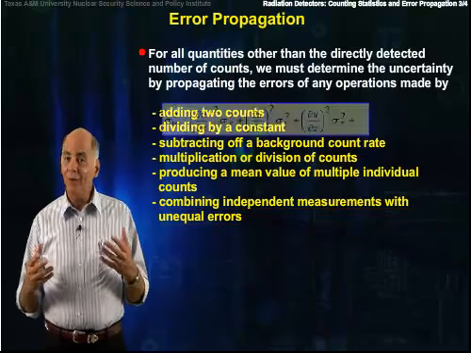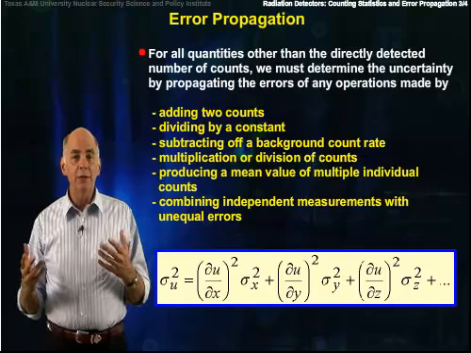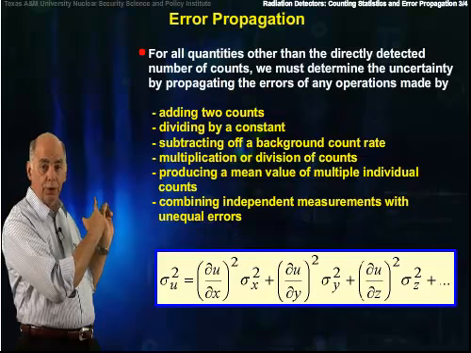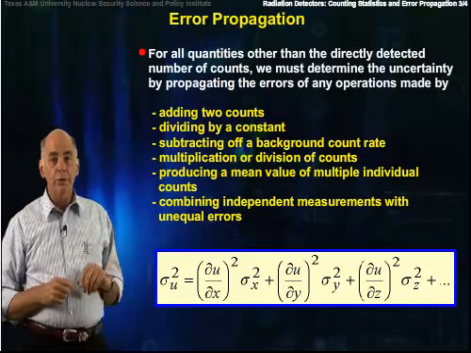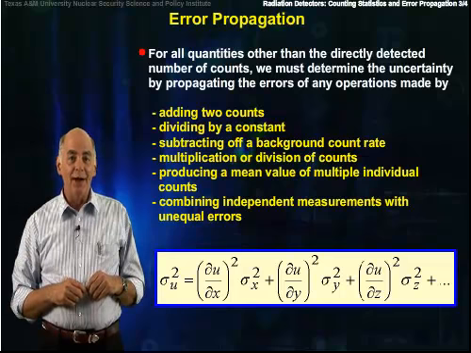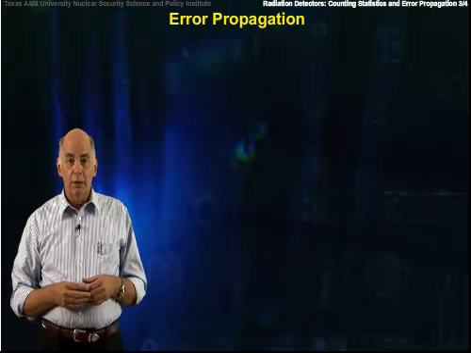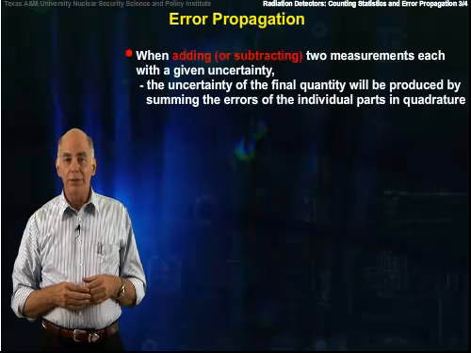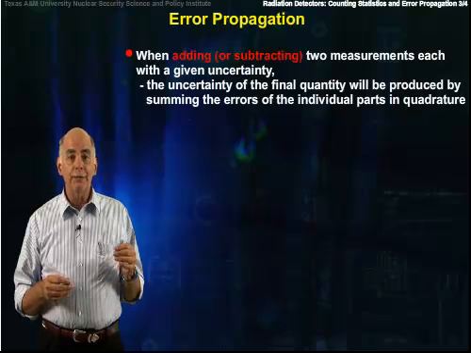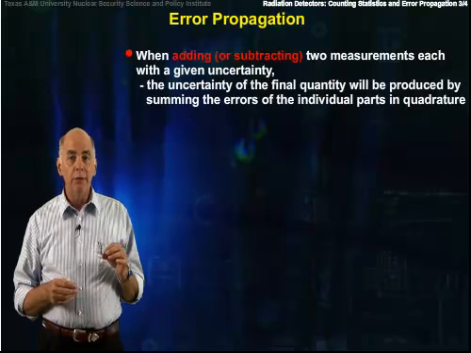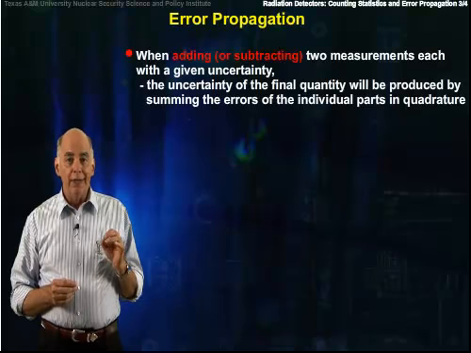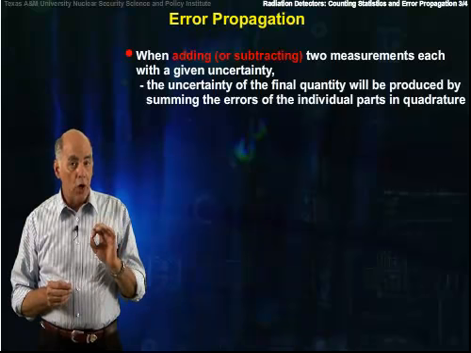To do these mathematical feats, we need to use, ta-da, the error propagation formula shown here. For those of you who actually know what the backward 6 means, you can easily derive what I'm going to show you next. When you're adding or subtracting two measurements, each with a given uncertainty, the uncertainty of the final quantity will be produced by summing the errors of the individual parts squared.